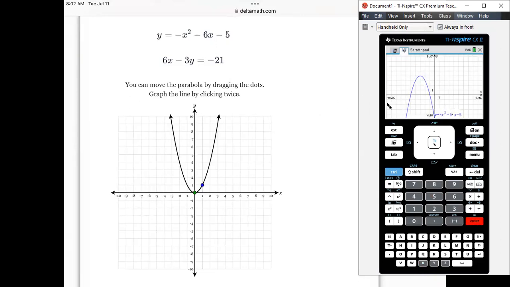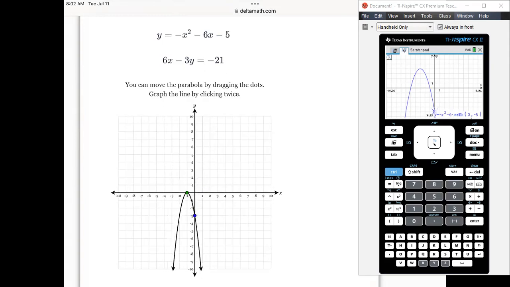So I have to make this graph look like this. So menu 51. And okay, I see that the y-intercept is (0, -5). So I got to flip it. So this is going to be (0, -5).